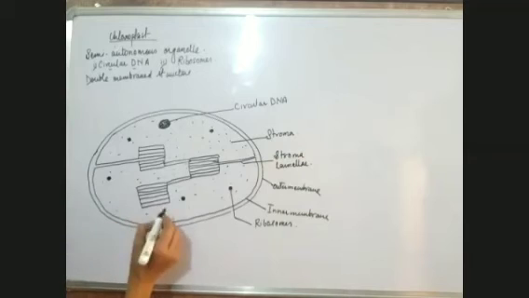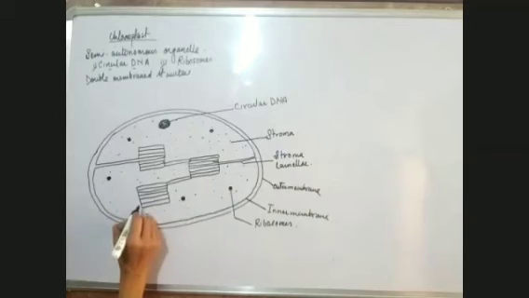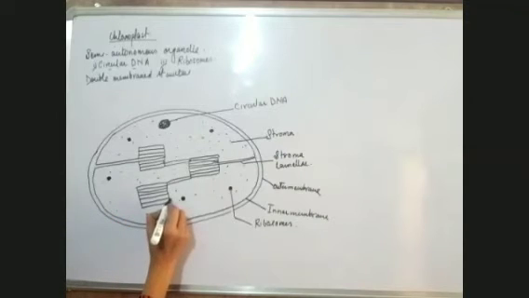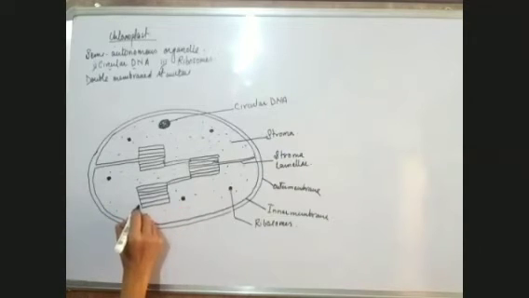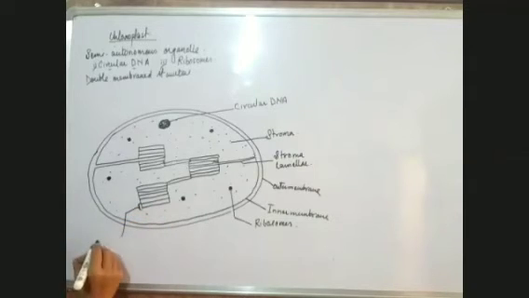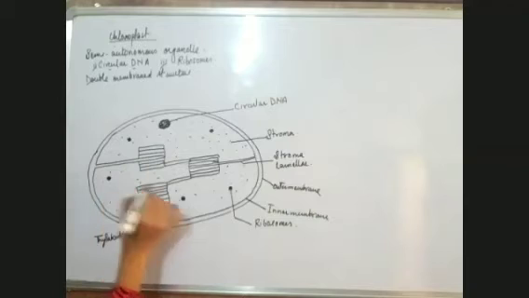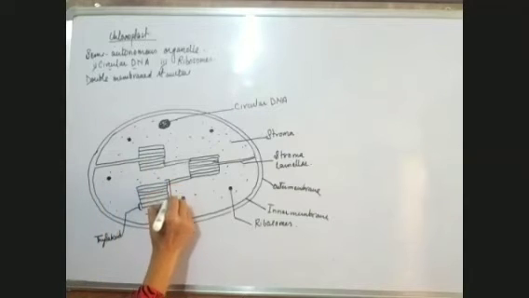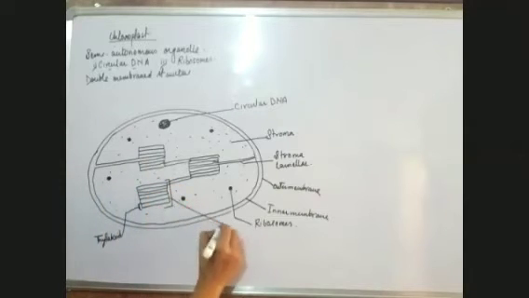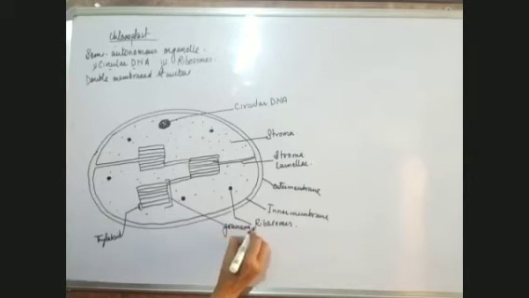After this, I'm talking about only this one single of this. This single is a thylakoid. This is thylakoid, and together this complete from here to here, many thylakoids together make grana.